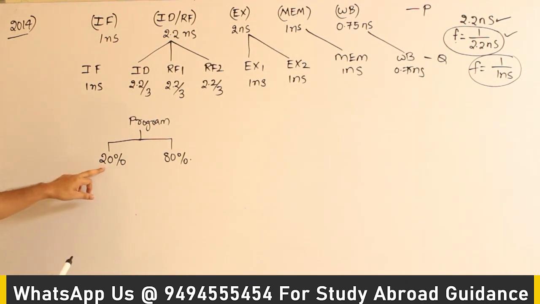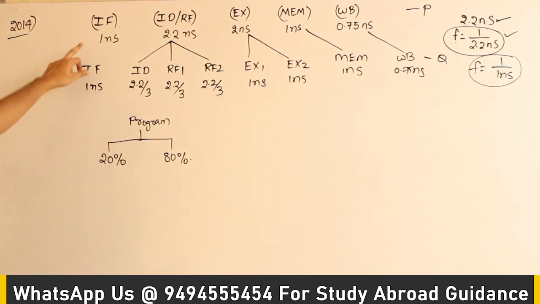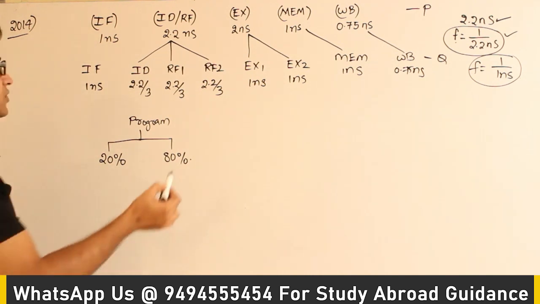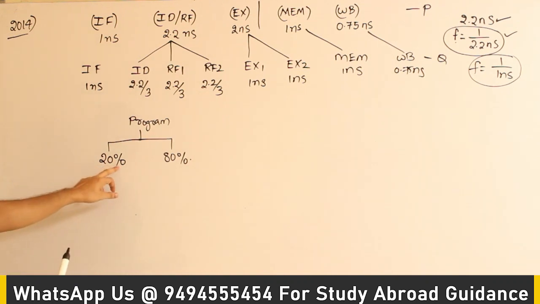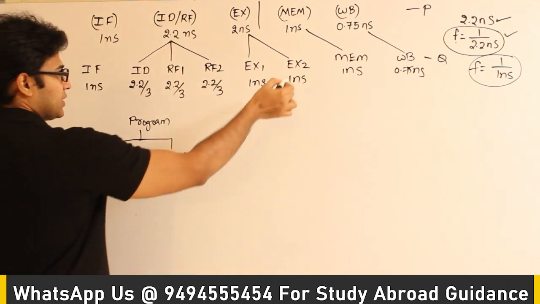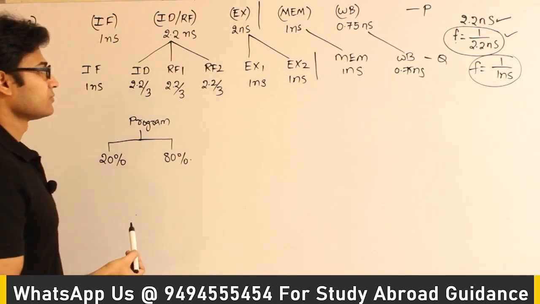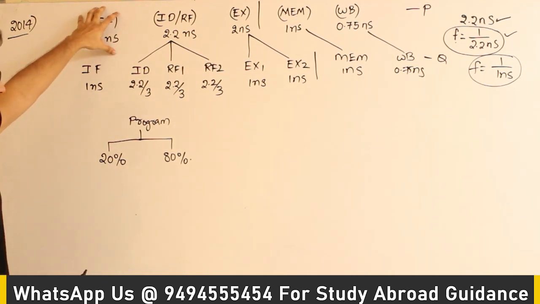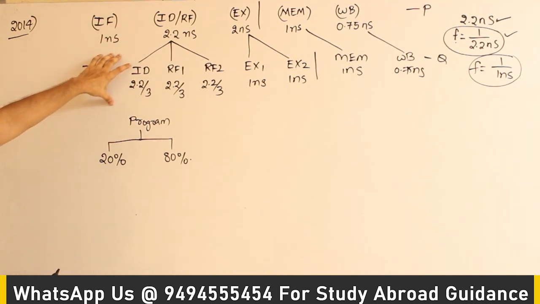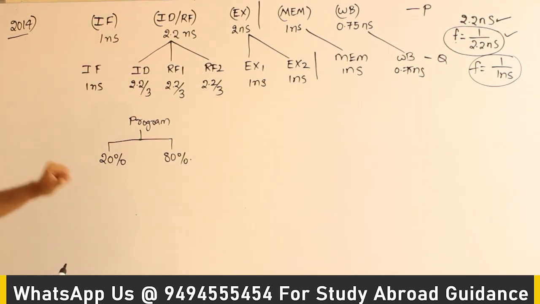For these conditional branches, we will know the target address after the execution phase in the case of pipeline P, and after the execution 2 phase in the case of pipeline Q. Then they are asking for the ratio of the time taken in pipeline P to the time taken in pipeline Q.